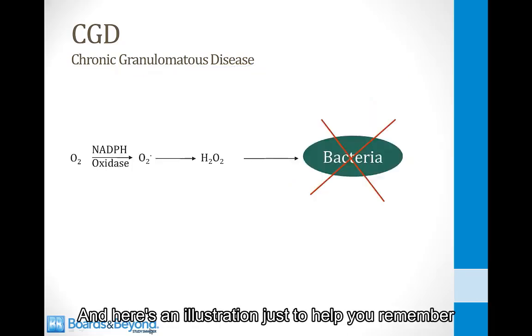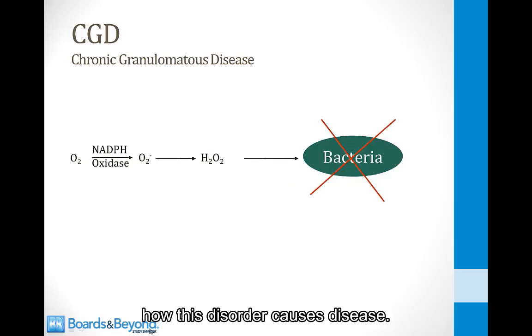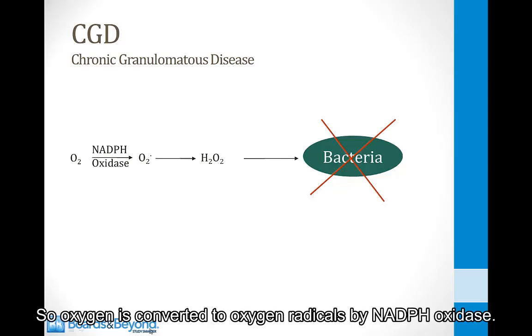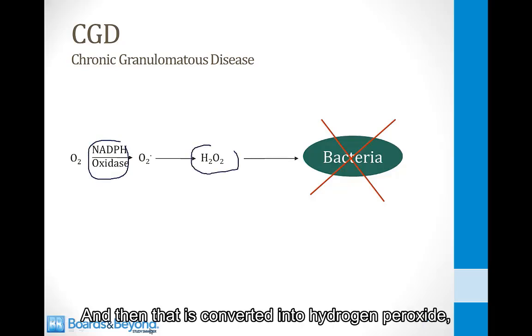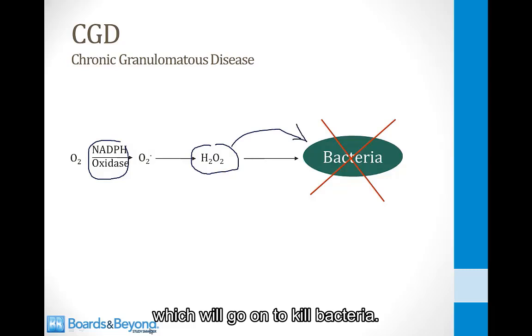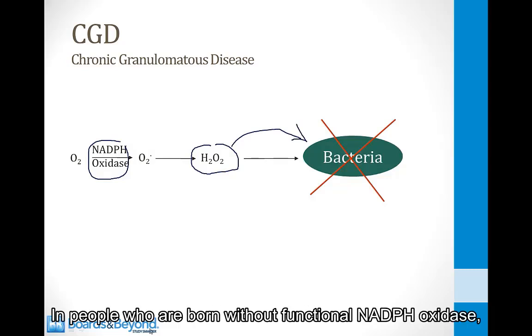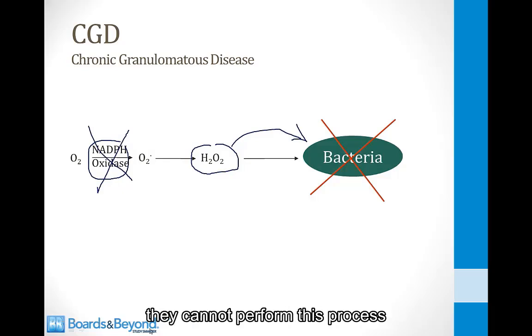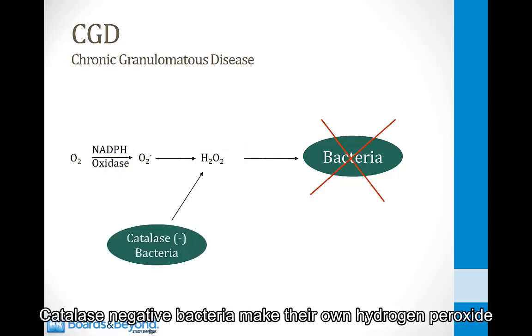And here's an illustration just to help you remember how this disorder causes disease. So oxygen is converted to oxygen radicals by NADPH oxidase, and then that is converted into hydrogen peroxide, which will go on to kill bacteria. In people who are born without functional NADPH oxidase, they cannot perform this process called the respiratory burst, and therefore they cannot kill bacteria.